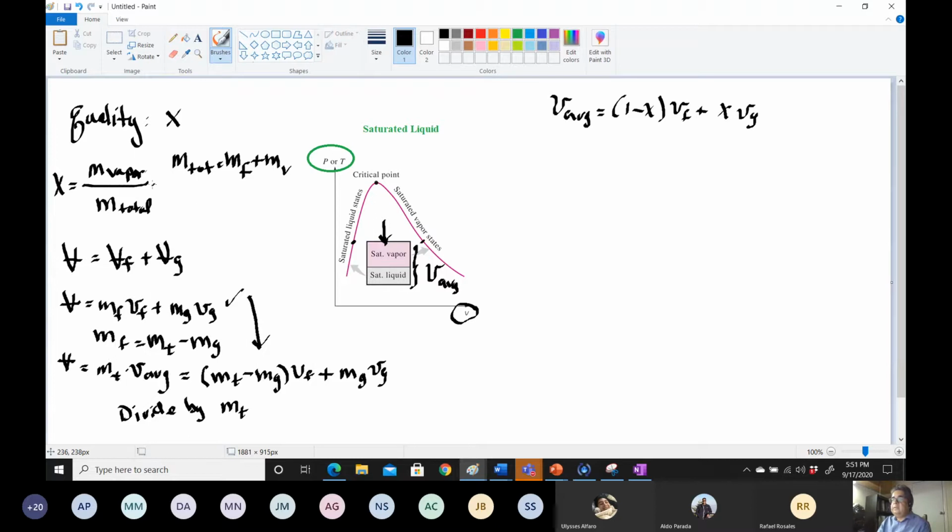So this gets to this derivation here, and I guess I haven't really defined it, but x is also equal to mass of the vapor divided by mass total, right? So when we do that, we get this equation.